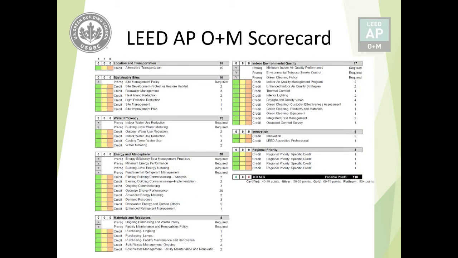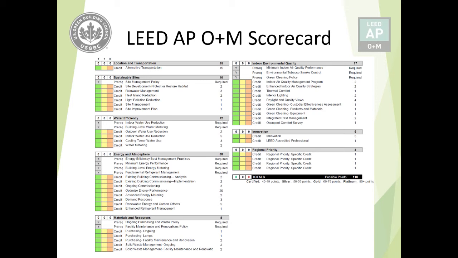LEED AP O+M Scorecard puts all the credit categories and their respective credits on one piece of paper. The purpose is to identify which credits you will be trying to attempt. If you recall the structure of the credit categories, there were mandatory prerequisites and there were optional credits.